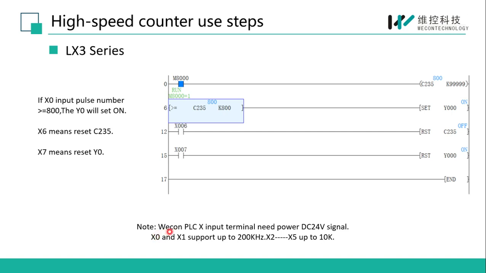Just remember, Wecon PLC input terminal X needs a DC 24-volt signal, and X0 and X1 support up to 200,000 Hz, and X2 to X5 is just up to 10,000 Hz.